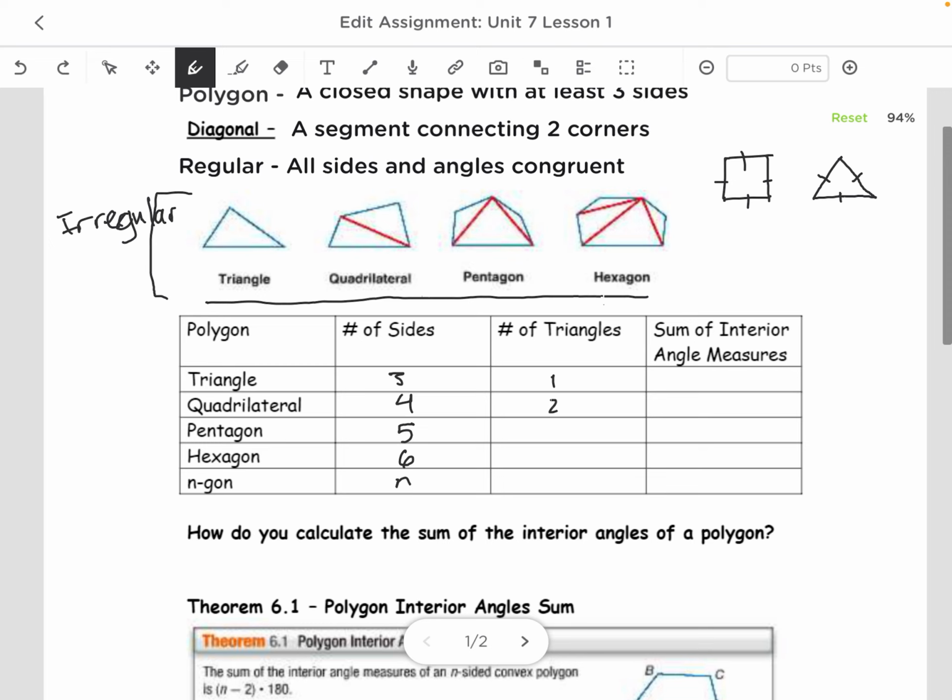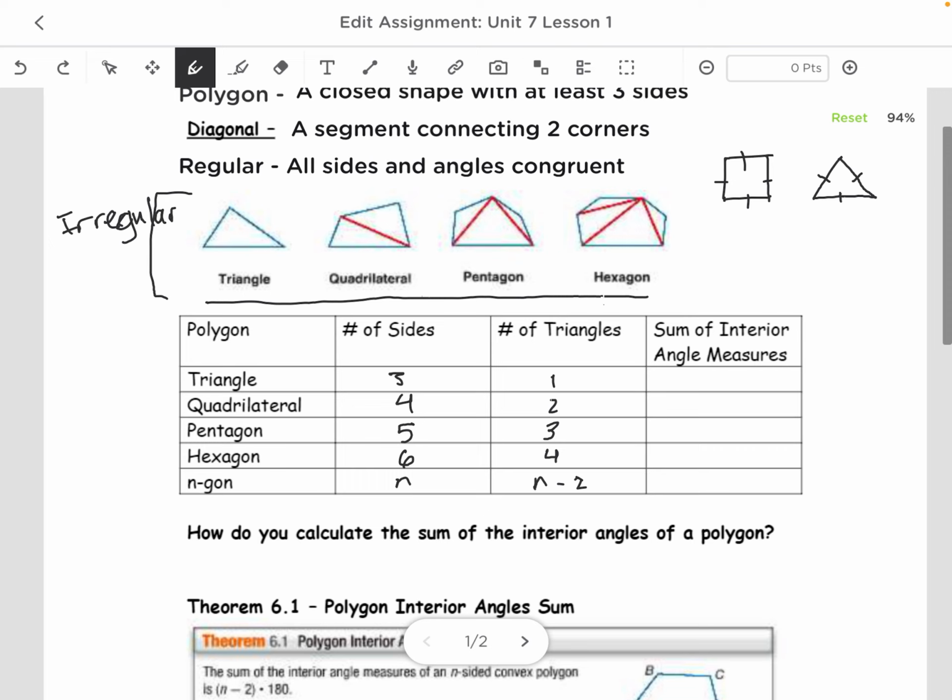A pentagon has 3, and a hexagon has 4. Now, I want you to pause the video and see if you can figure out what the number of triangles would be in a hypothetical n-sided figure. Okay? You should have gotten that the number of triangles is n minus 2.